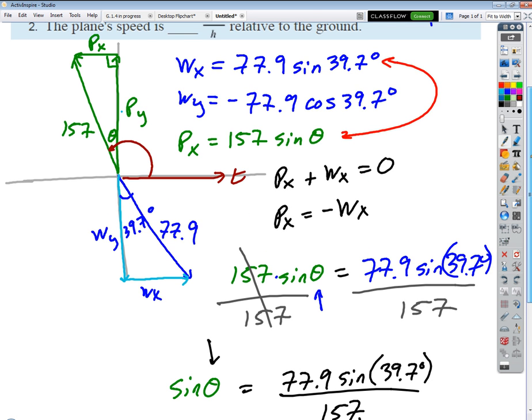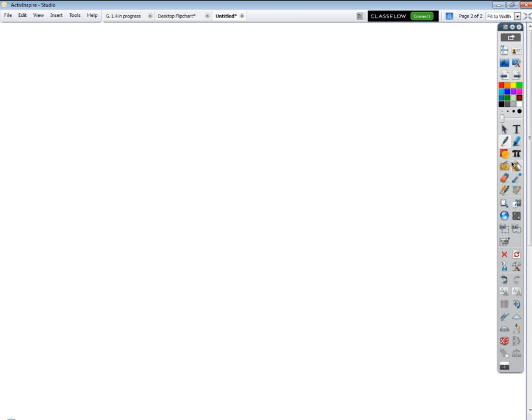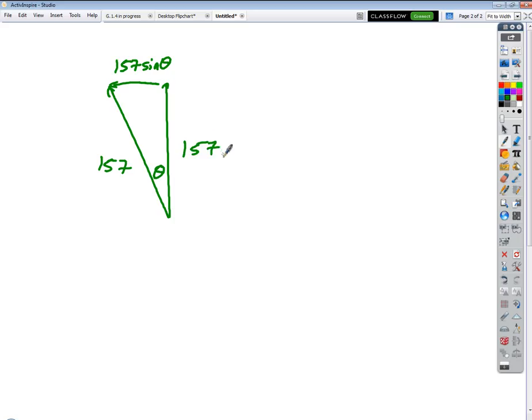Let me get another page here. If we focus in on the plane's motion again, the plane is actually pointed in that direction, and it's got components of, if that's theta, and this was 157, we said this was 157 sine theta. What's the y component? 157 cosine theta.